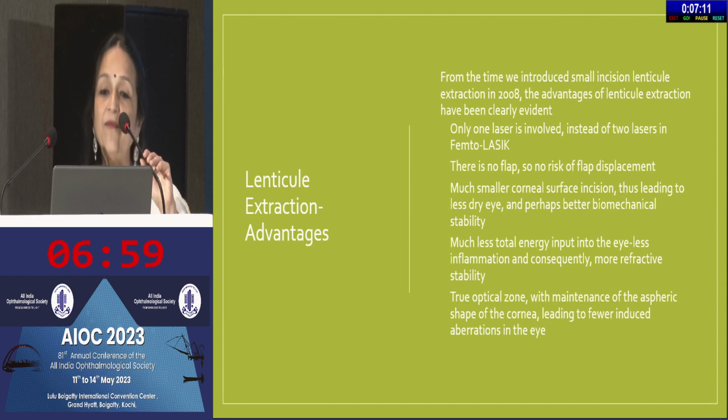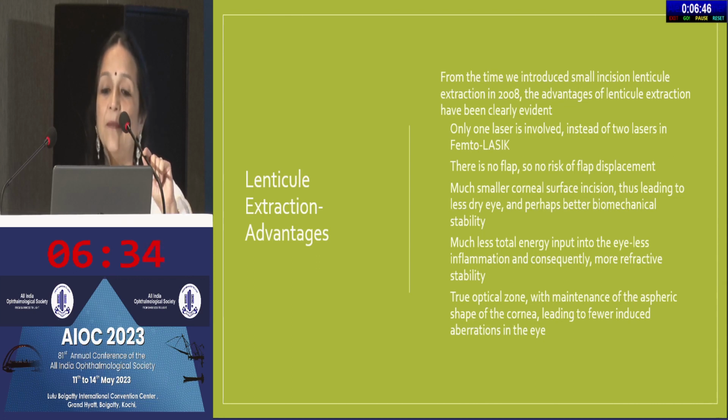From the time we introduced small incision lenticule extraction in 2008, the advantages of lenticule extraction have been clearly evident: there was only one laser involved instead of two lasers. There are no flaps or flap-related complications, and a much smaller corneal surface incision, thus leading to a less dry eye profile and better biomechanical stability.